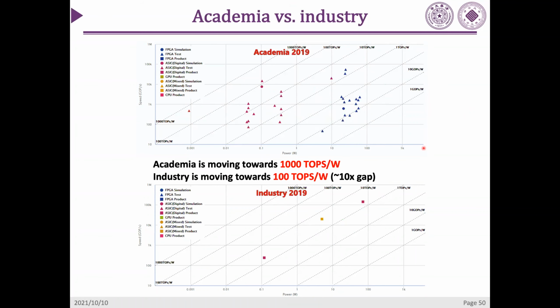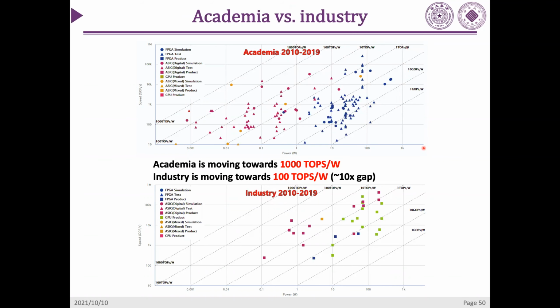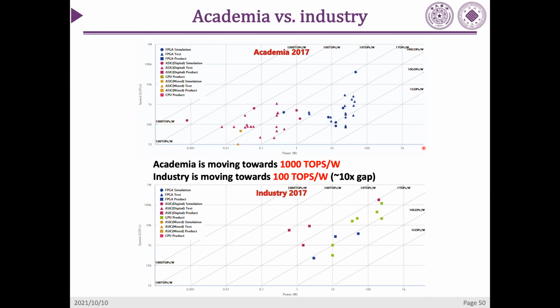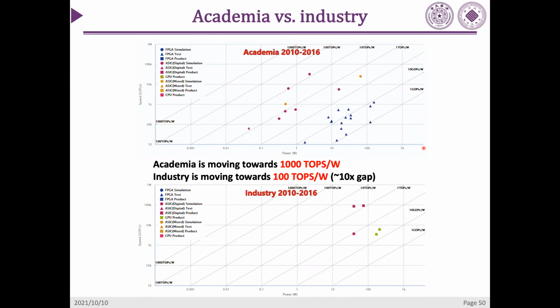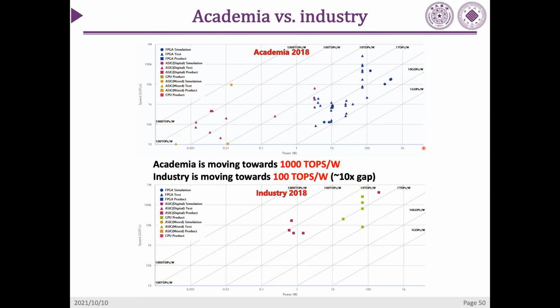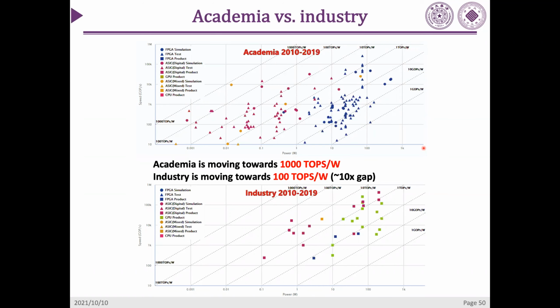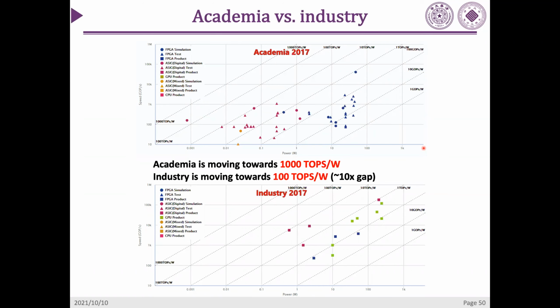Under different platforms, we can see that the energy efficiency ratio of academia has gradually developed from 10 teraops to 1,000 teraops per watt, while the energy efficiency ratio of the industry has gradually developed from 1 teraops per watt to 100 teraops per watt.